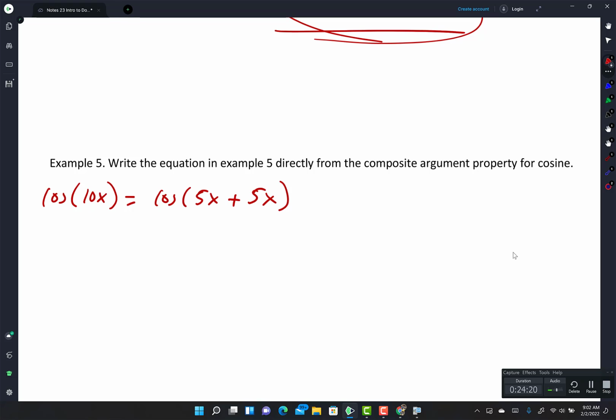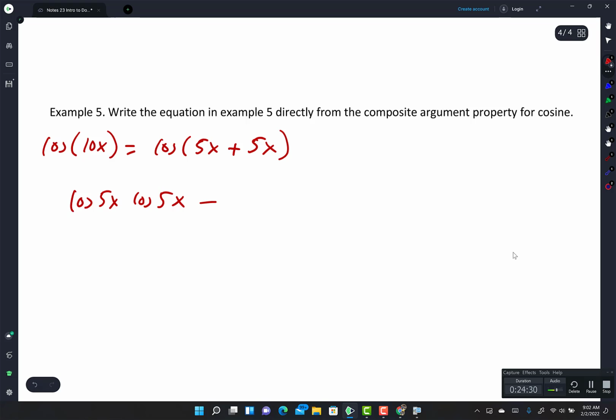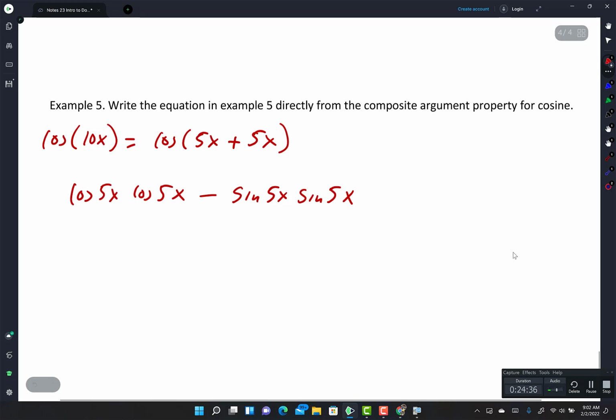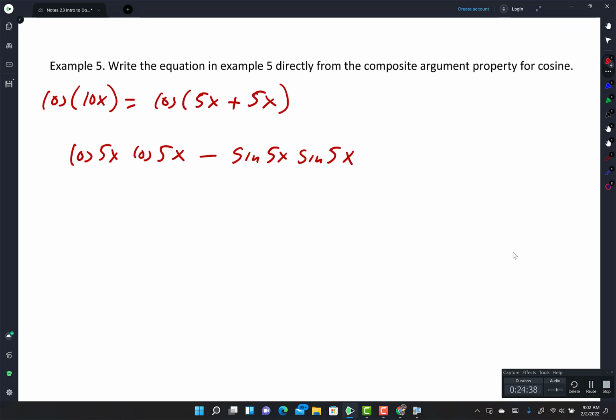Does that make sense, guys? So I'm going to write cosine 5x cosine 5x, minus sine 5x sine 5x. Because the arguments are the same, I can say this is cosine squared 5x minus sine squared 5x. Are you guys still okay?